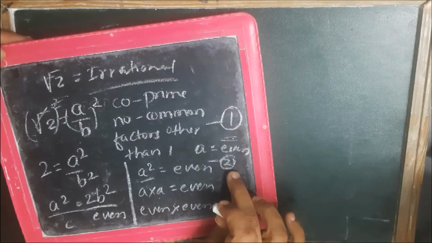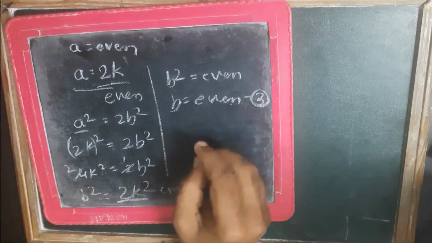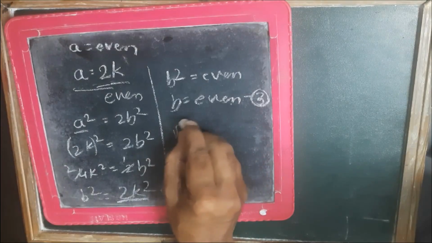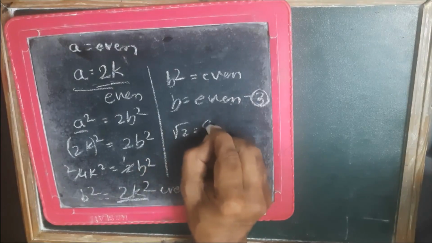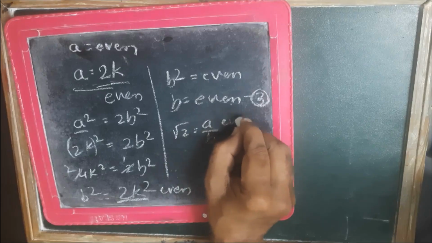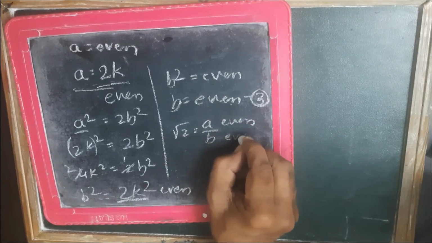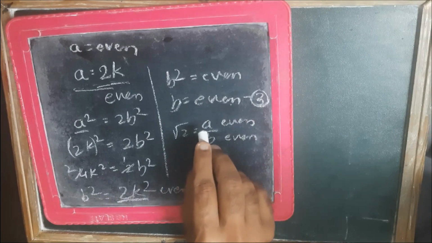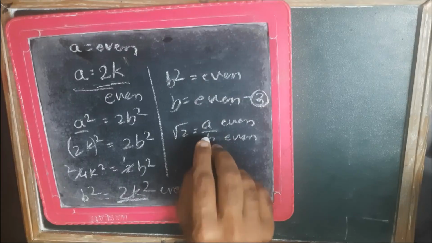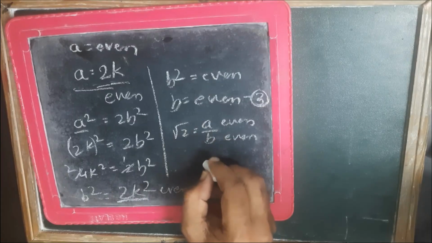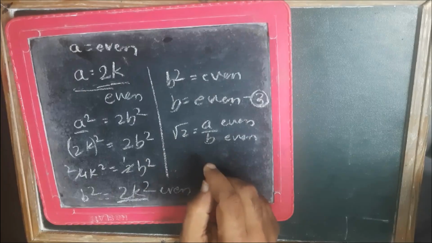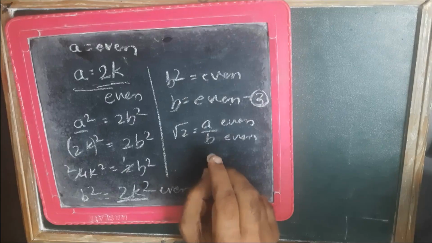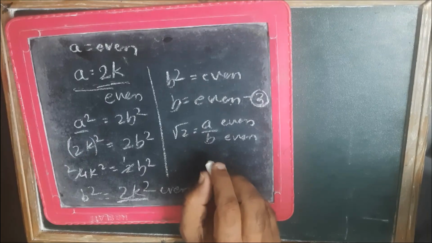So from statement number 2, a is equal to even, and from statement number 3, b is equal to even. Square root of 2 is equal to a by b, and both a and b are even. When both are even, we can easily say that even numbers will have more common factors other than 1.